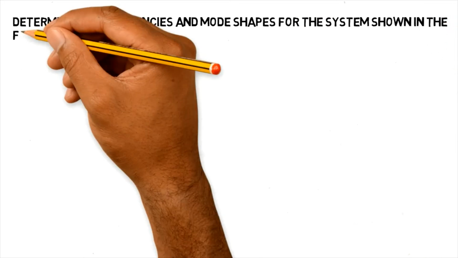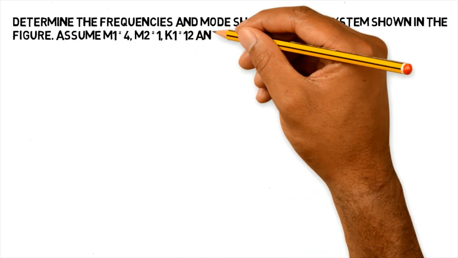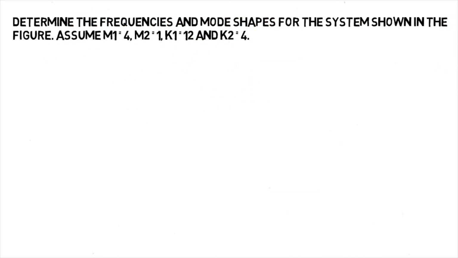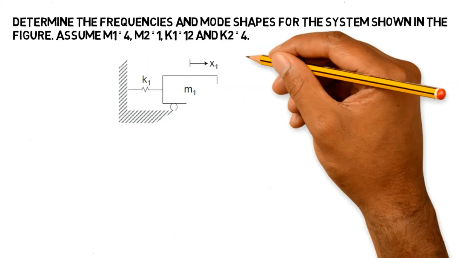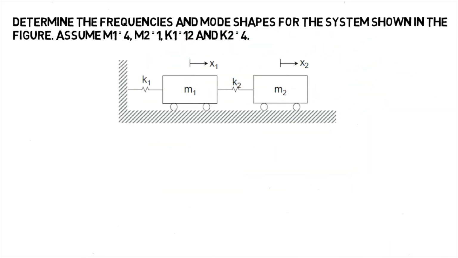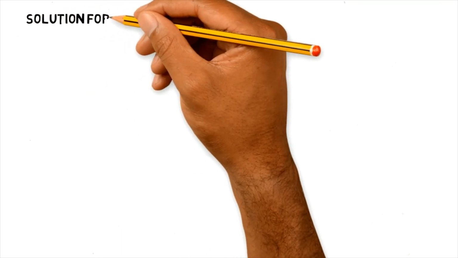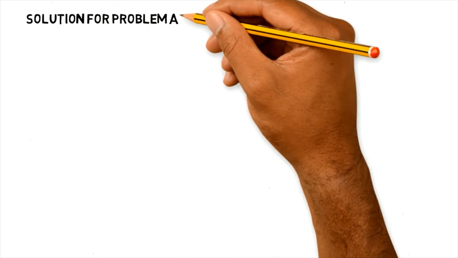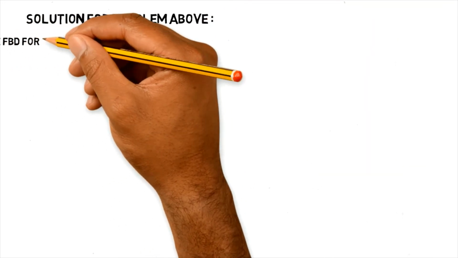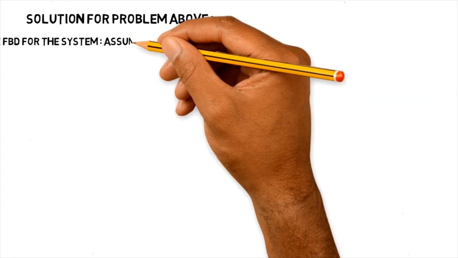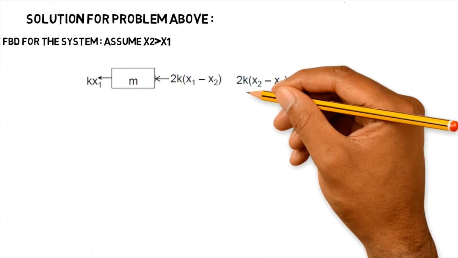Determine the frequencies and mode shapes for the system shown in the figure. As usual, FBD of individual mass is drawn.